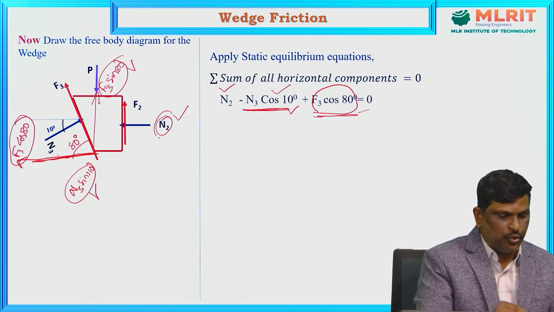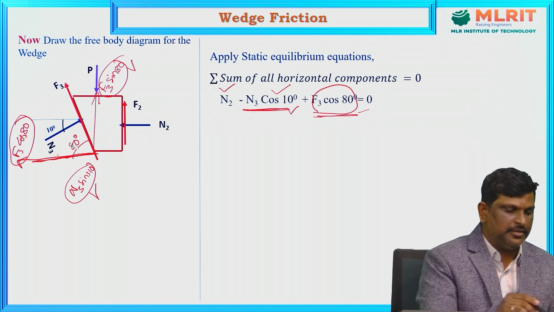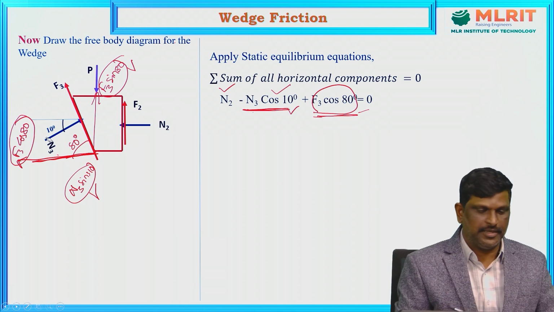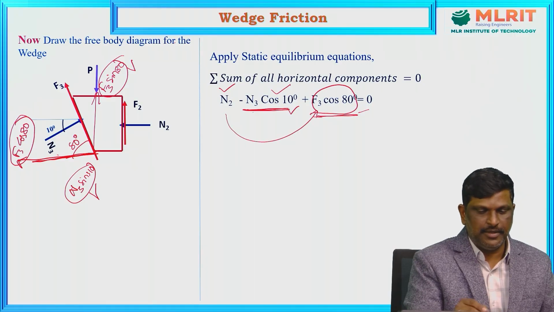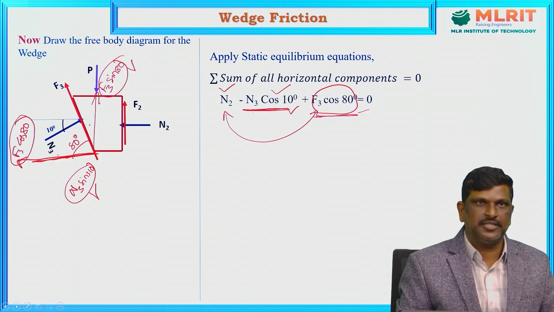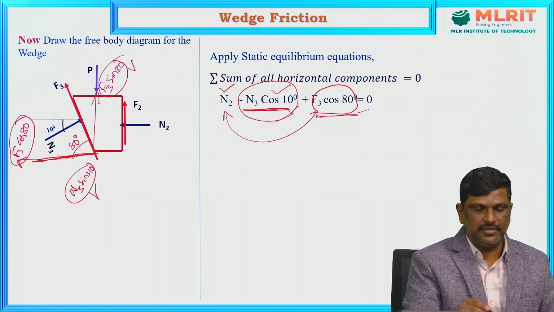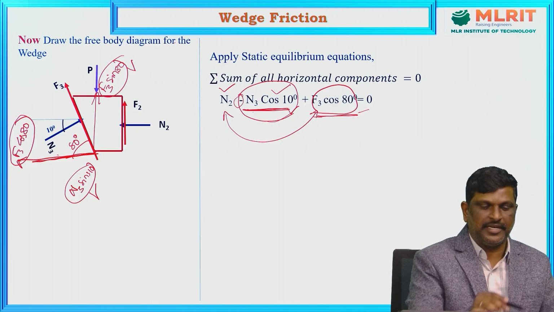See, N2 and F3 both are acting in the same direction towards the right side. That's why these two are added, and only N3 cos 10 horizontal component is acting in the opposite direction to that. That's why this is taken in the negative side.